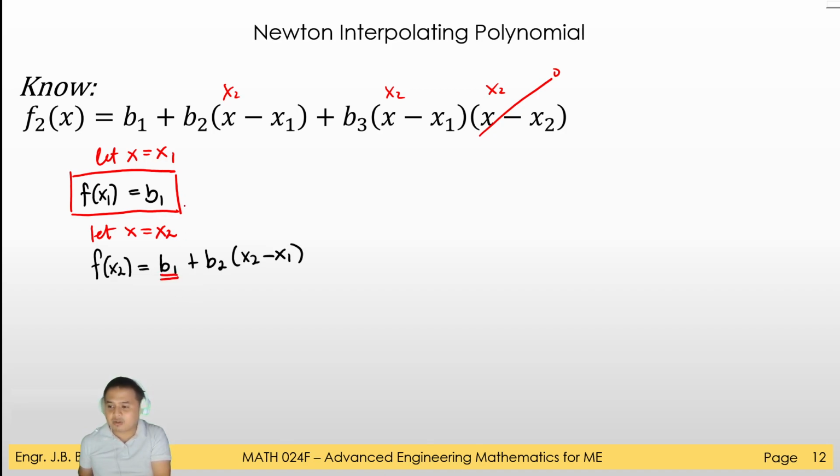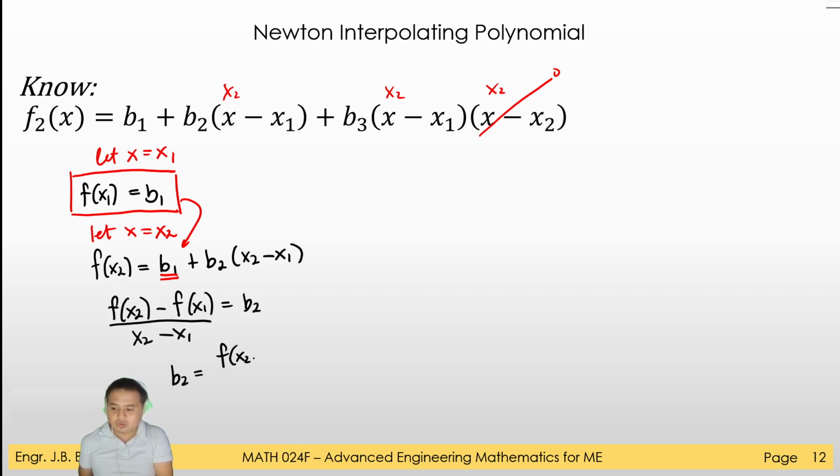We already know the value of b1, which is f of x1, so I can transpose it to the other side. We have f of x2 minus f of x1 equals b2 times x2 minus x1. Then we divide both sides by x2 minus x1. Therefore, b2 is f of x2 minus f of x1, all over x2 minus x1. So this will be your formula for finding b2.